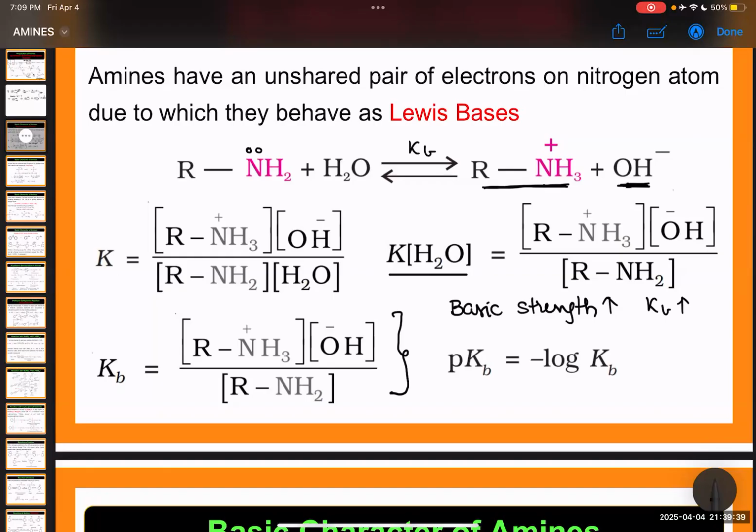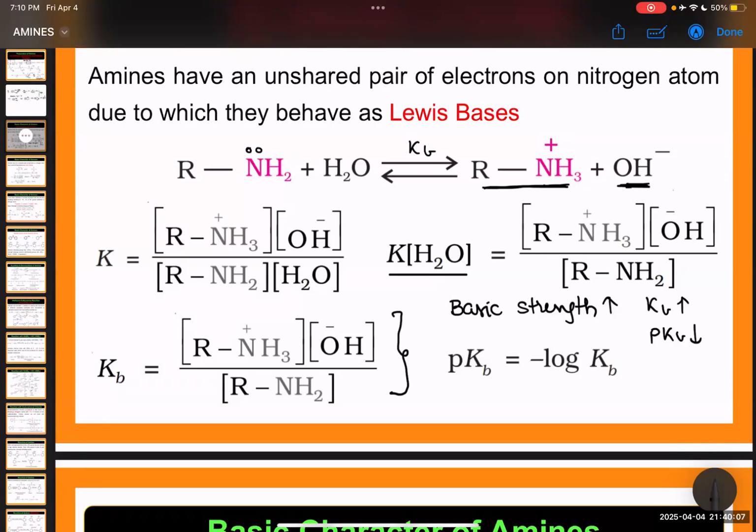Next, suppose it is more basic, more hydroxide ion concentration, its Kb is going to be higher because they are directly related. But pKb is going to be smaller. As we know, when you have a larger value of Kb, the pKb is going to be smaller. Got it?